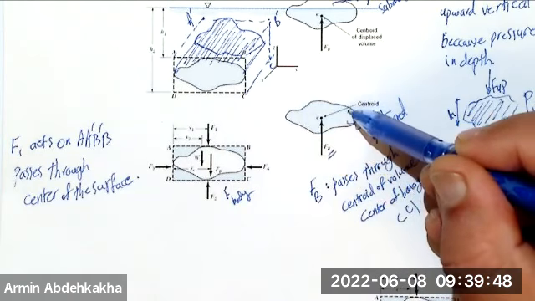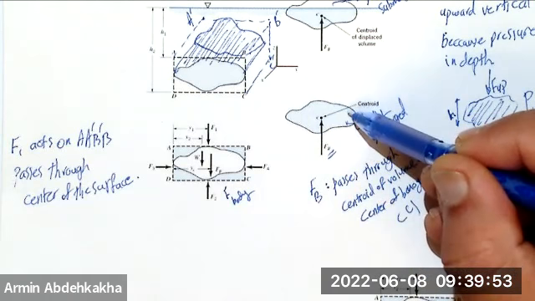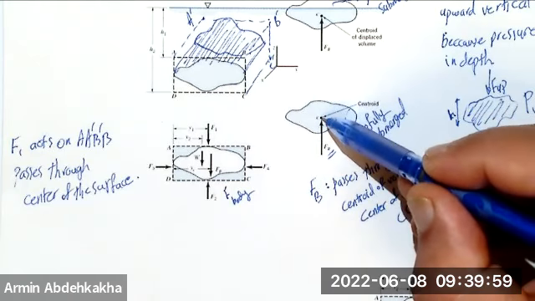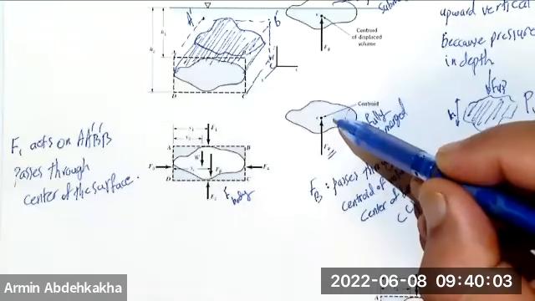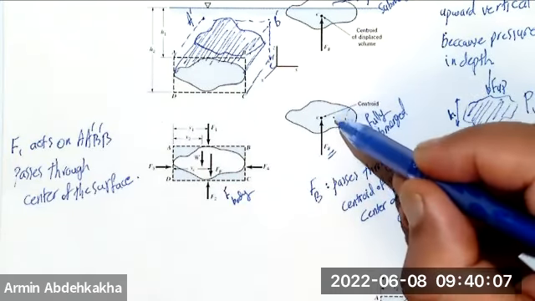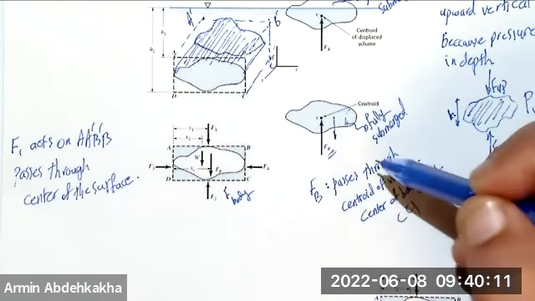Maybe here you have a higher weight of material, so it's heterogeneous. Then the center of volume and center of gravity do not match, right? It could be that the center of gravity is here, and the weight mg passes through it.